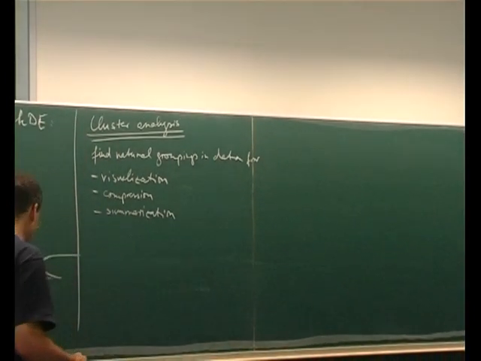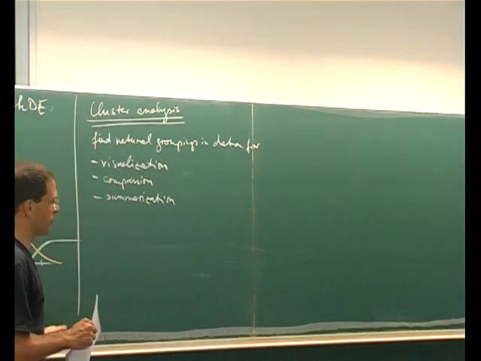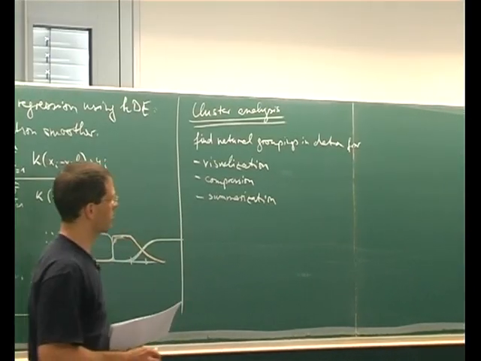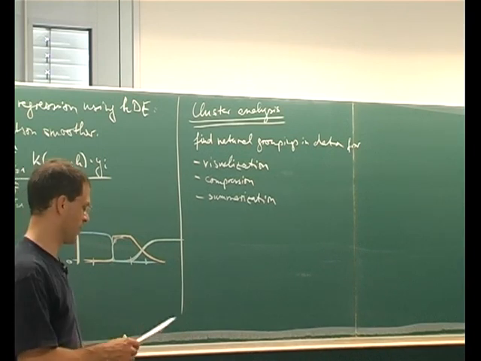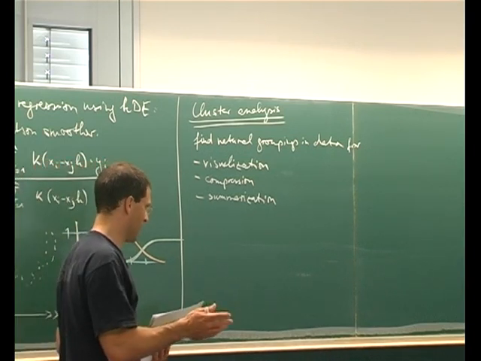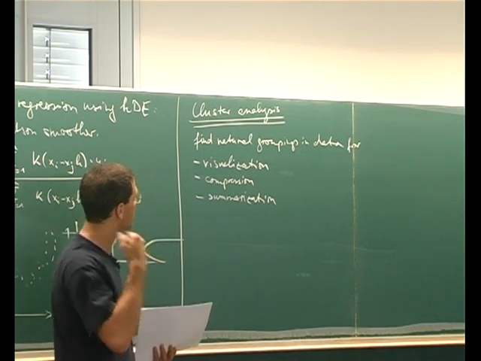And this is an unsupervised learning technique, so you use it when you have no labels, or if you're interested in the structure within a given class, so that the label is homogeneous for all observations.